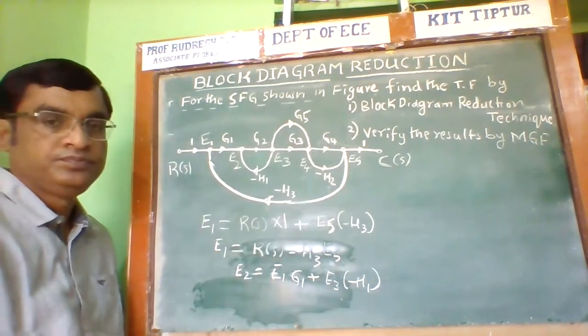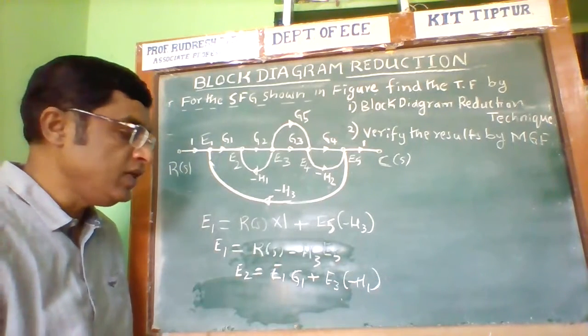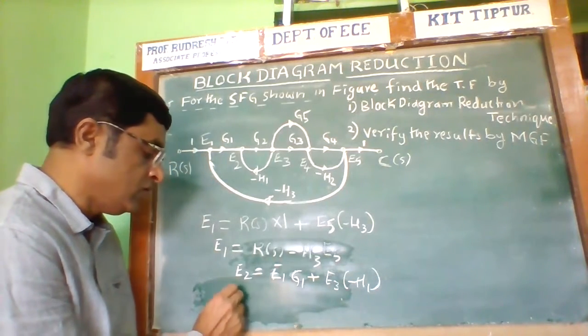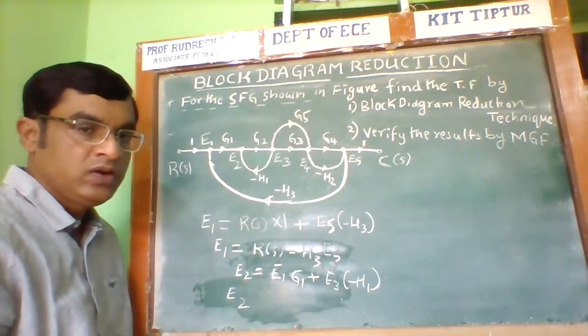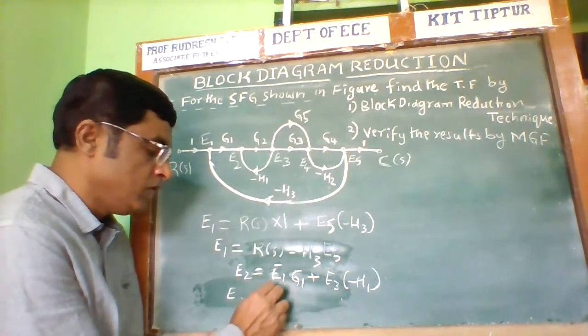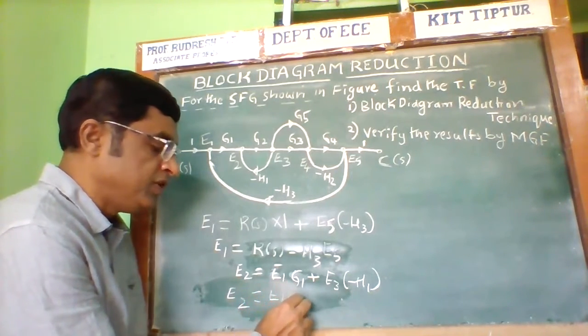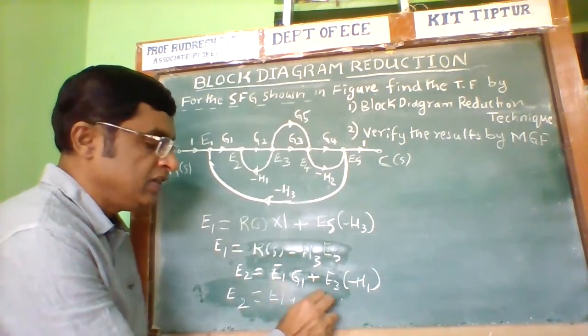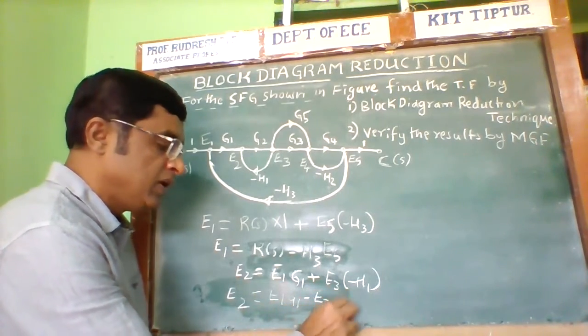So this is the equation: E2 is equal to E1 G1 minus E3 H1.